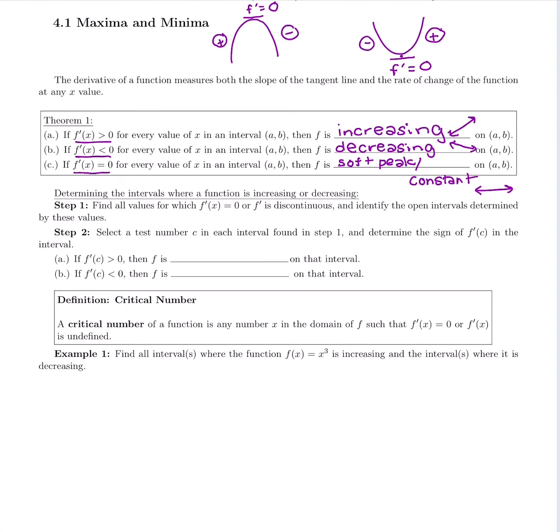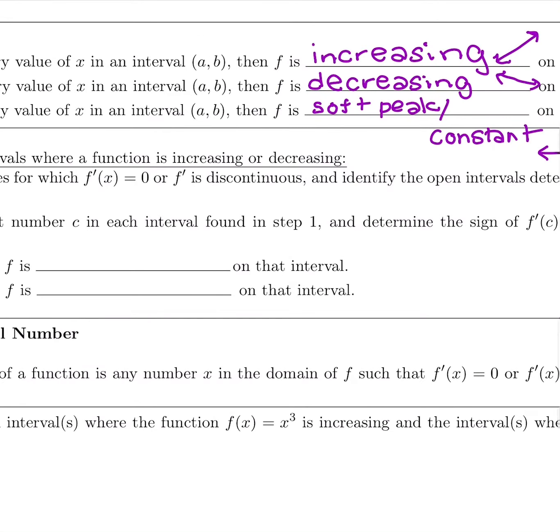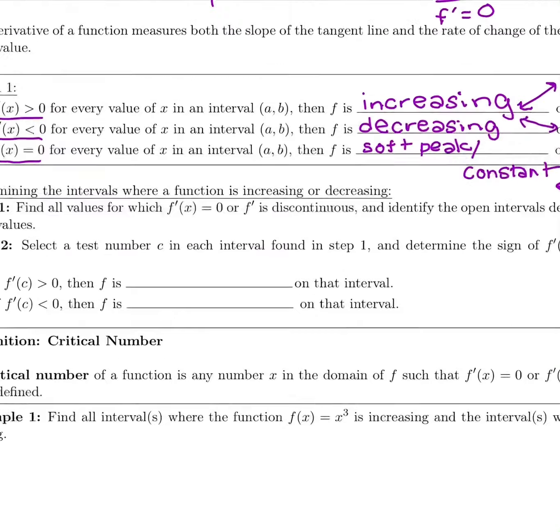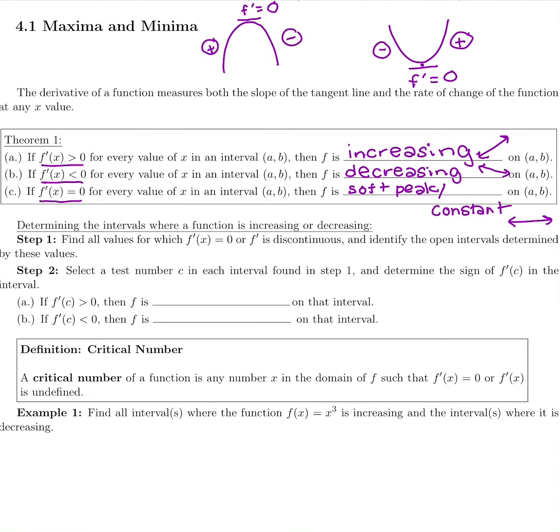Our two steps to figuring out where a function is increasing and decreasing: our first step would be to figure out where the derivative is 0, or where it is discontinuous, where it is undefined, where its denominator is 0. And the second step would be to test critical numbers between those x values where the derivative is 0.